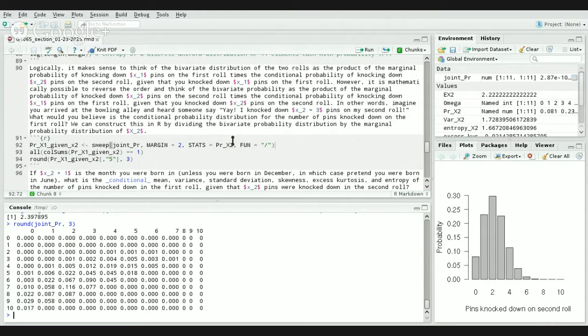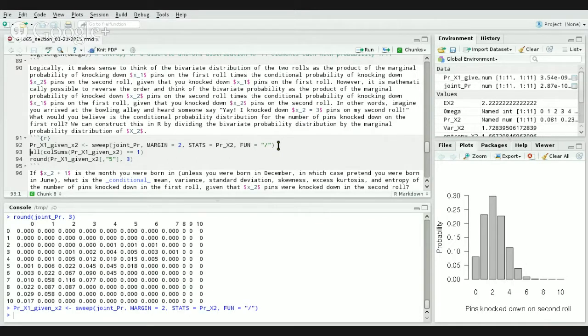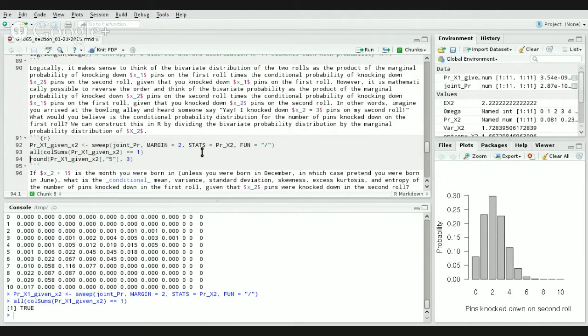In this case, the probability of knocking down x1 pins on your first try, given that you knock down x2 pins on your second try. So we can pipe that into R and verify something that mathematically has to be the case, that this conditional probability distribution, because it's a valid probability distribution, is going to sum to 1 for each column of the corresponding matrix.